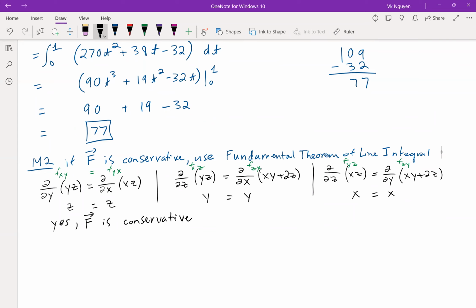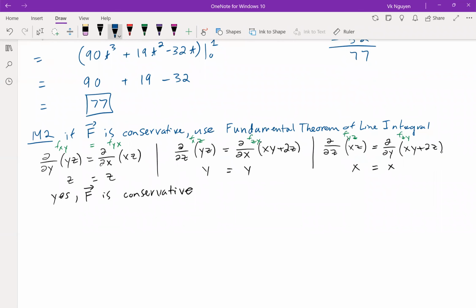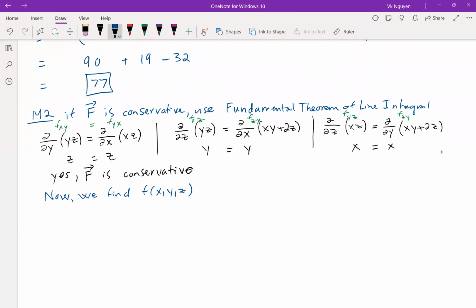Okay, so once we know it's conservative, then yay! And move on to figure out the function f. Okay. Well, doesn't matter how you begin, right? I usually begin at f_x, but then you can begin at f_y, f_z, up to you.